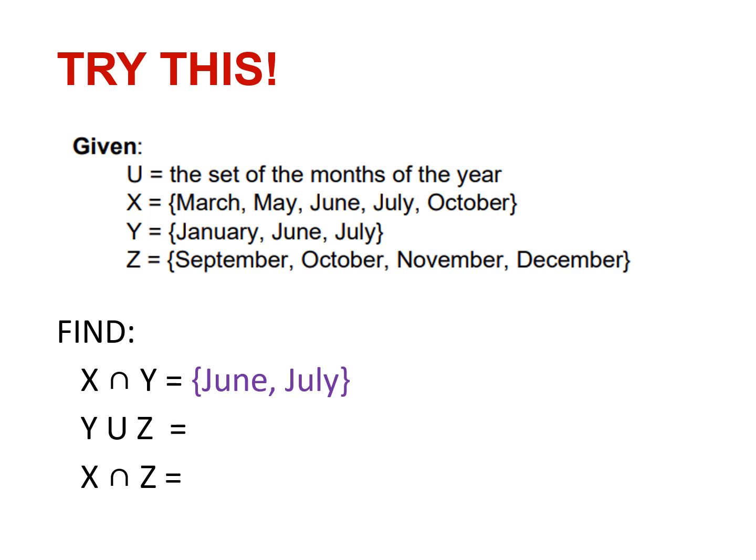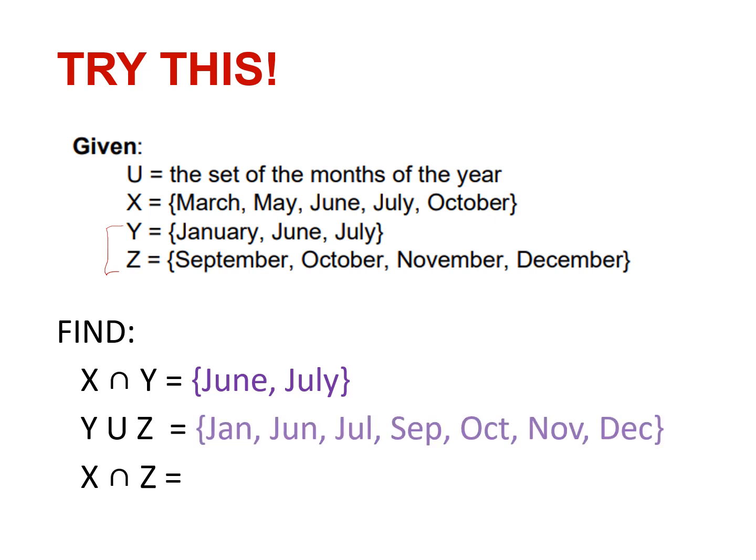Now how about Y union Z? Let's consider only Y and Z. What you're going to do is write all the elements there: January, June, July, September, October, November, and December.